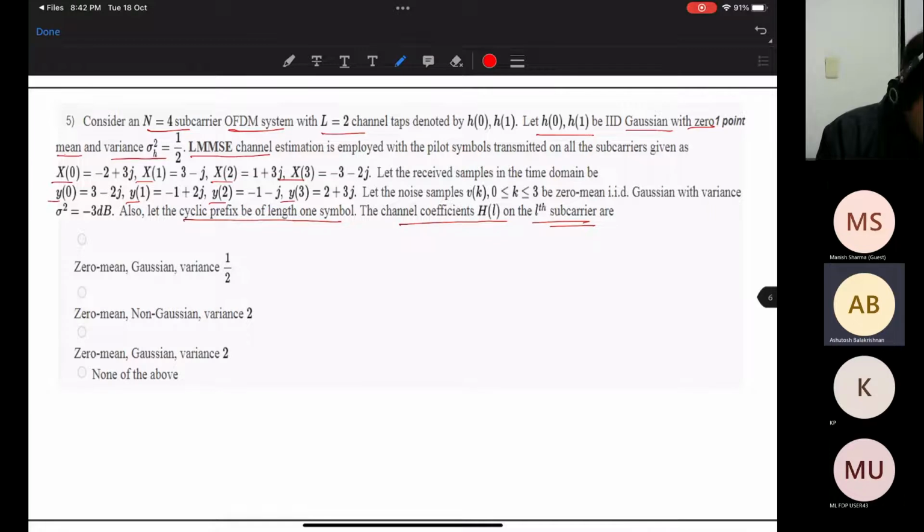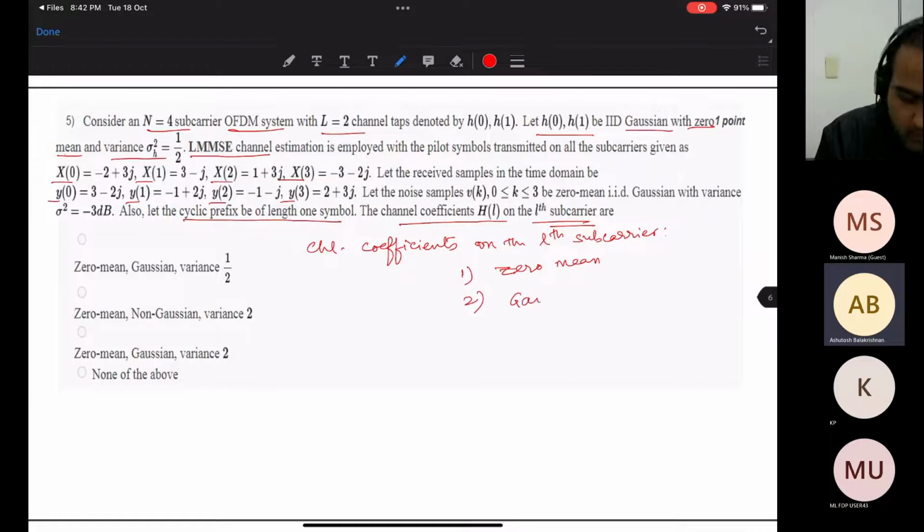So we know that the channel coefficients on the Lth subcarrier are first zero mean, and then they are Gaussian distributed. Okay, and what is the variance?